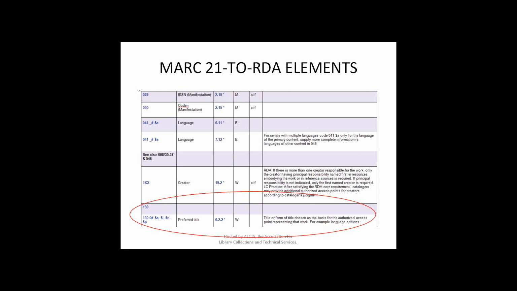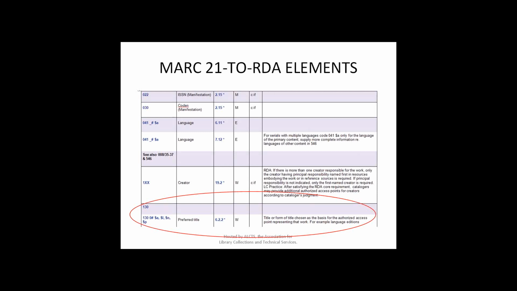Here's another screen from this MARC 21 to RDA element set, and I just circled the 130 here because I mentioned that the CONSER RDA core element set made some changes from the CONSER standard record, and one of those changes was to begin following again the requirement to distinguish an authorized access point for a serial that is the same as another work with that same authorized access point.